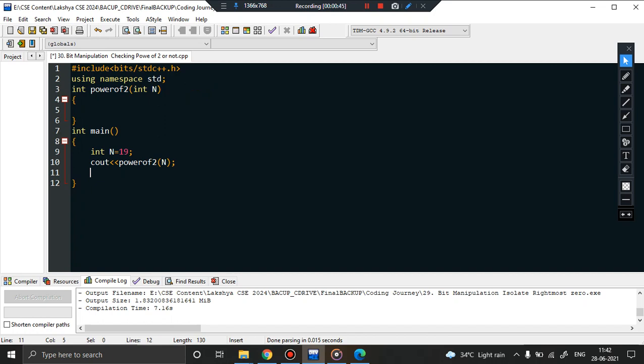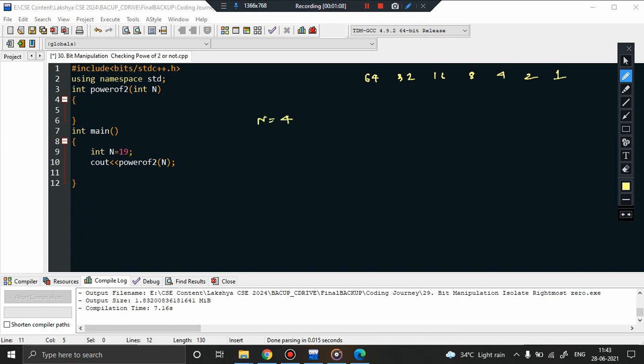We are going to use the bit manipulation technique for finding this. So first of all, let us understand the concept behind it. Just take the numbers 64, 32, 16, 8, 4, 2, 1. Now suppose n equals 4.